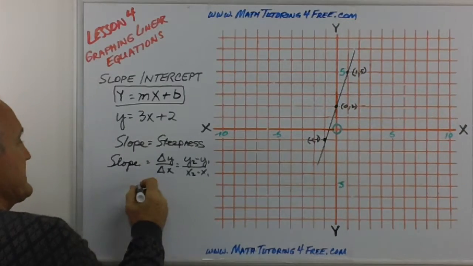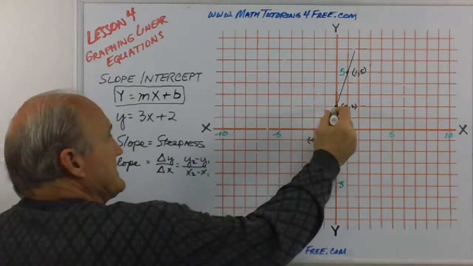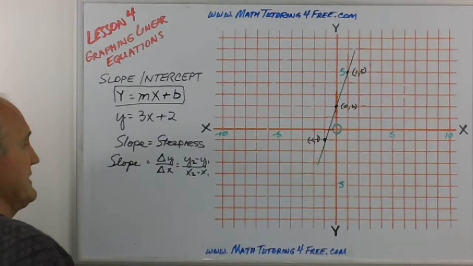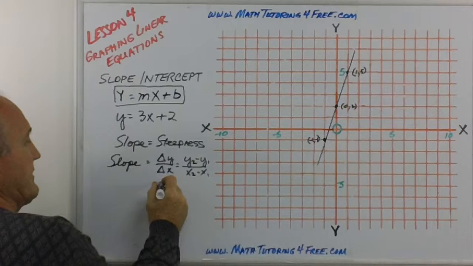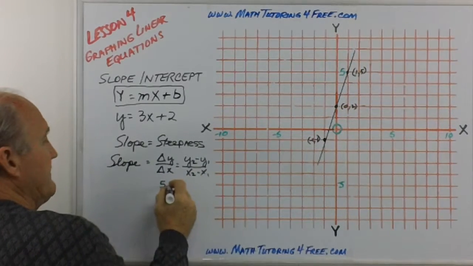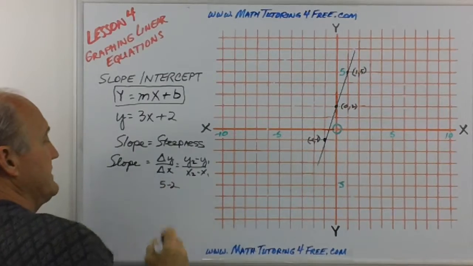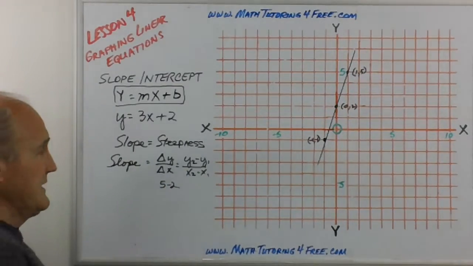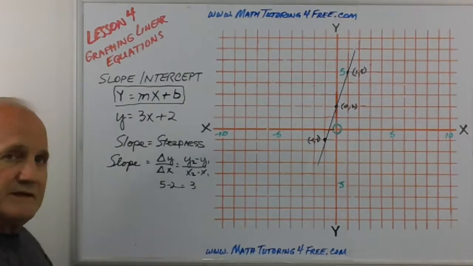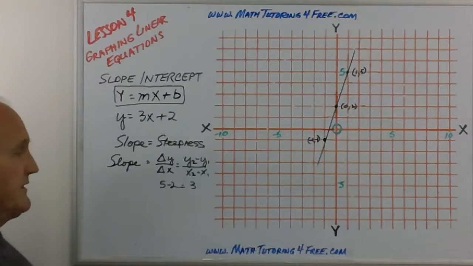If we look at the difference between those 2 points, the y value, let's start with the 5, and we subtract the y value of the second point, which is a 2, and we end up with 3. So 3 is the difference in the y values.